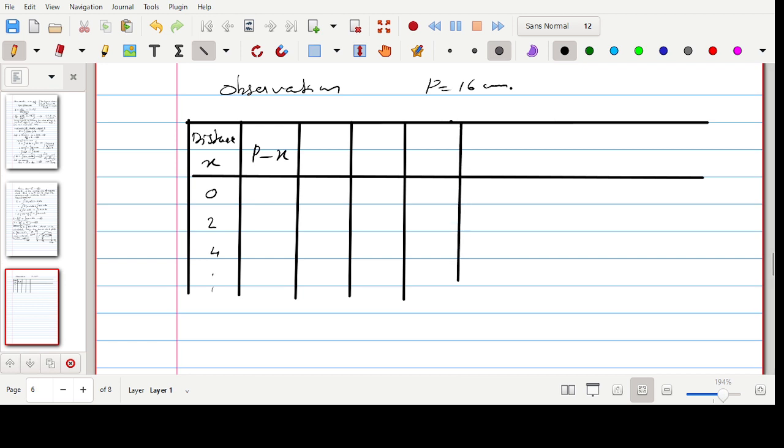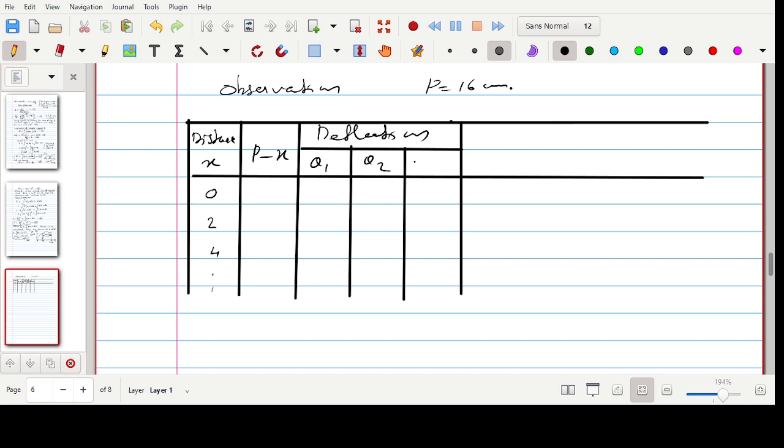So these are for deflection. Here it is theta 1, theta 2, deflection in tangent galvanometer, deflection in compass box.